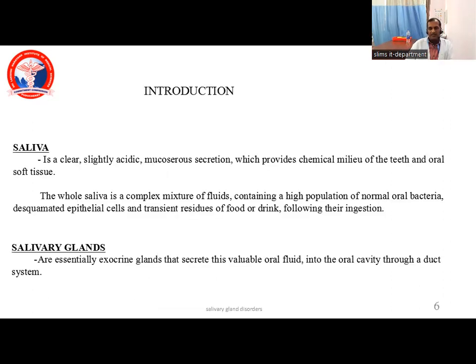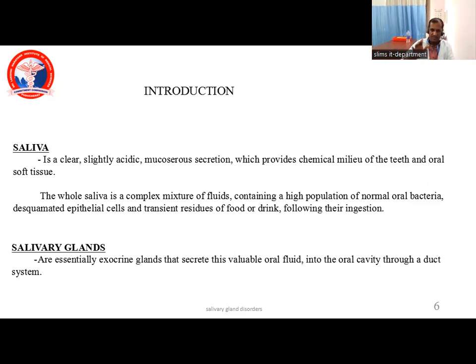Now, before going into the disorders of the salivary glands, the basic thing, the saliva secretion, is a clear, slightly acidic mucoserous secretion, which provides the chemical milieu of the teeth and oral soft tissues. The whole salivary complex is a mixture of fluids containing a high population of normal oral bacteria, desquamated epithelial cells, and transient residues of food and drink following their ingestion.